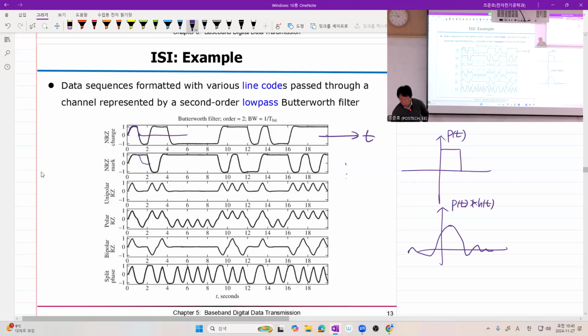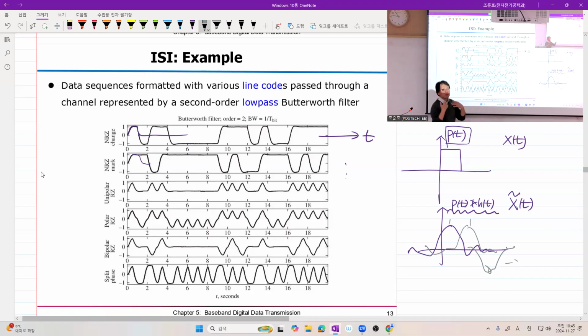Then your signal x has p of t, but your output signal, say x tilde, has the output pulse shape of that one. What does that mean? If you have 1, 1, 0, then these pulses will be overlapped and summed. That is your output at the end of your communication channel.